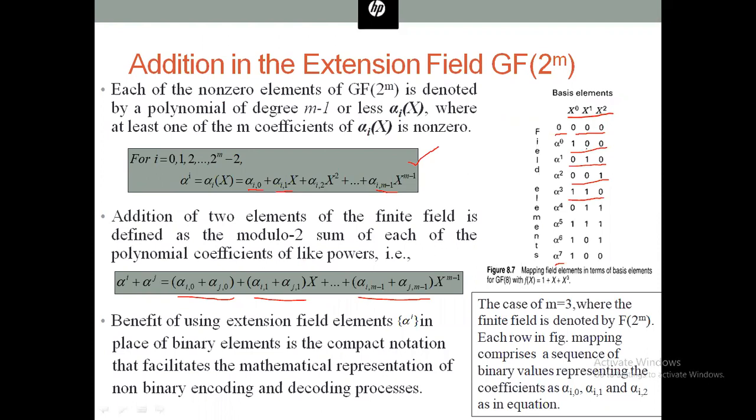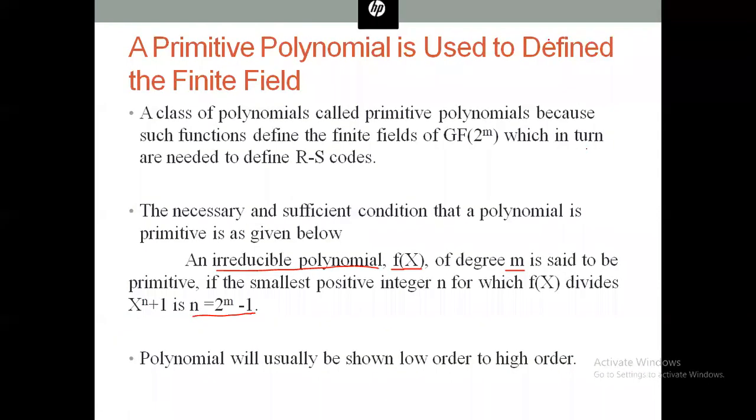So the value of n is 7 here, and f of x is of degree m, right?